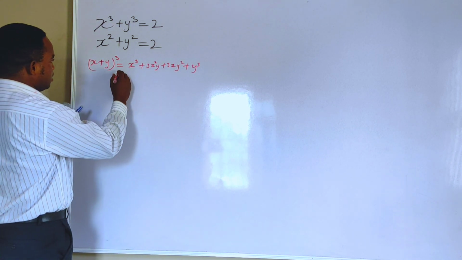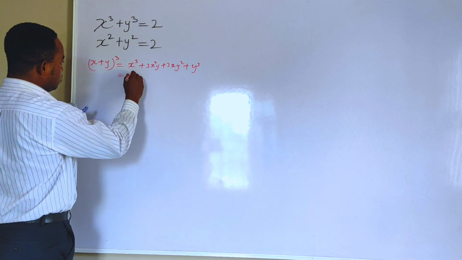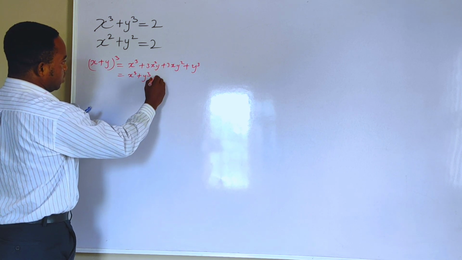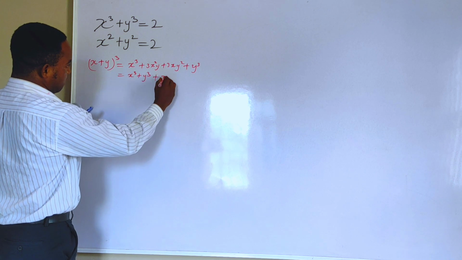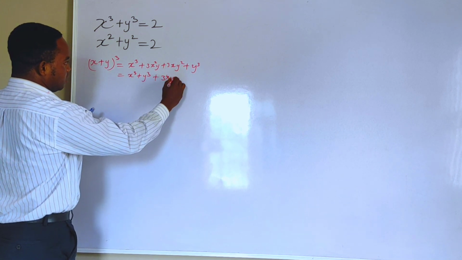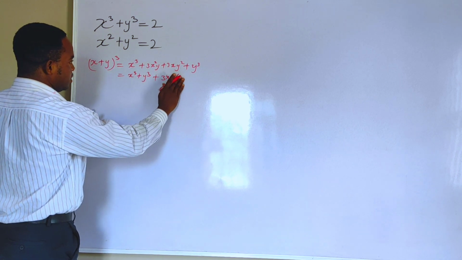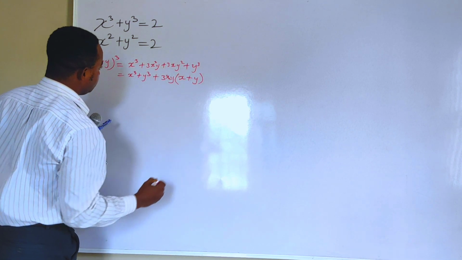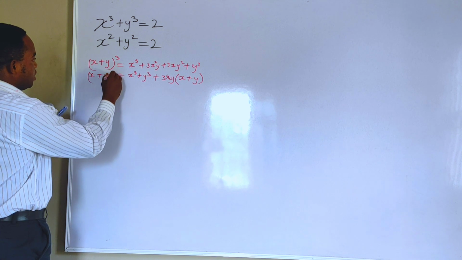And from here, you will notice that if you put this part together, x raised to power 3 plus y raised to power 3, you can factor 3xy out of this. And when you factor 3xy, you have x plus y there, while on this side, you have x plus y raised to power 3.